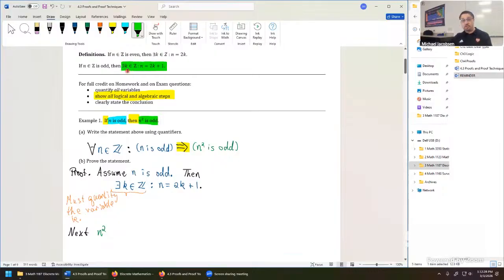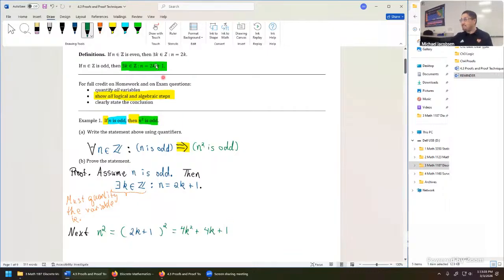It's going to be a different integer k, but if we can find that integer and write n squared in this format, our work is done. So take n squared, it's going to be equal to the square by substitution of this value. Just throw in the 2k plus 1. Square this out, and we're going to get 4k squared plus 4k plus 1.